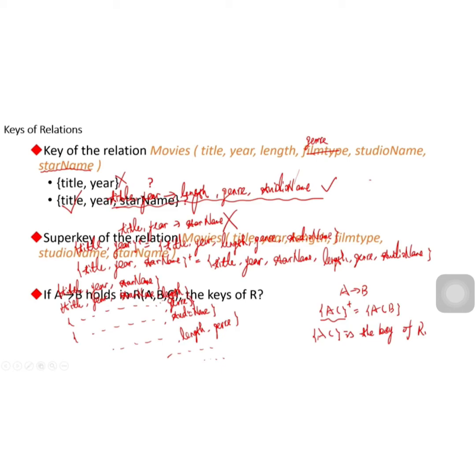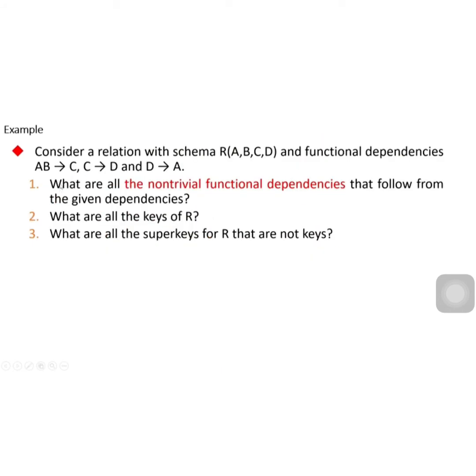Now, based on the definition of FD, how to compute the closure of a set of attributes, and the definition of key and super keys, let's look at this example.